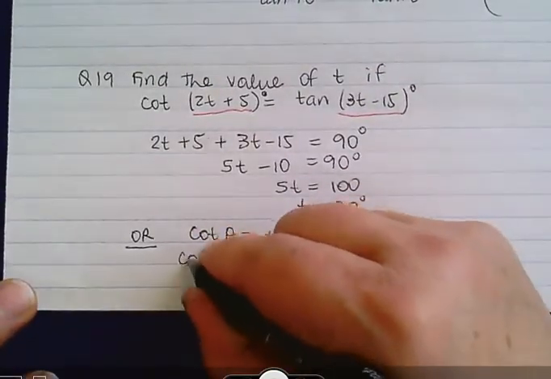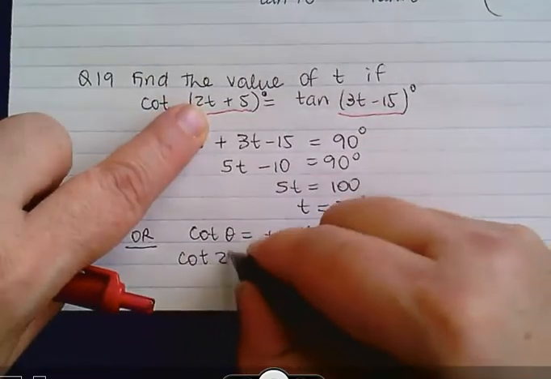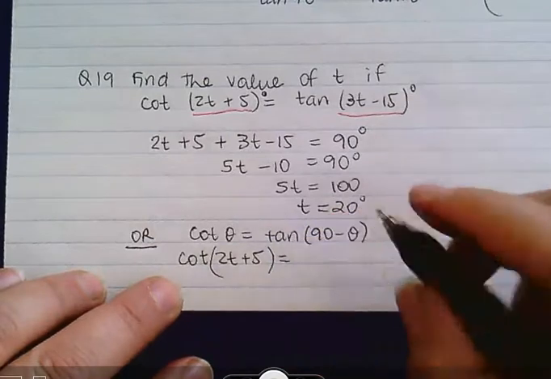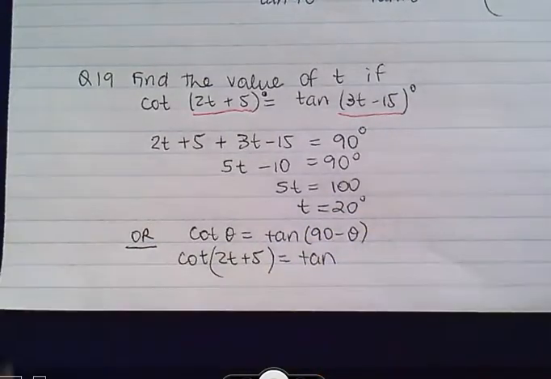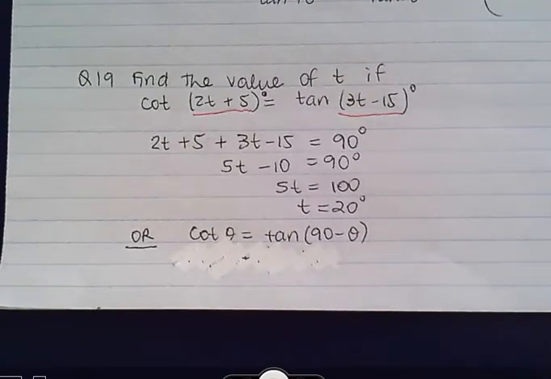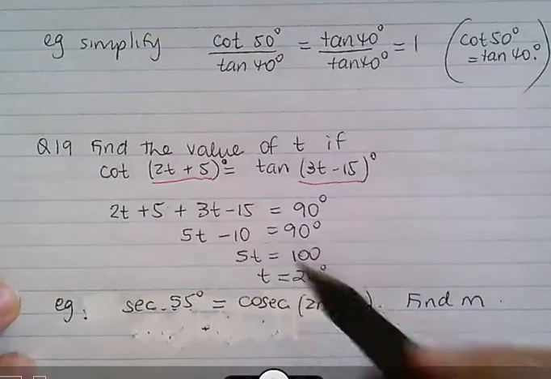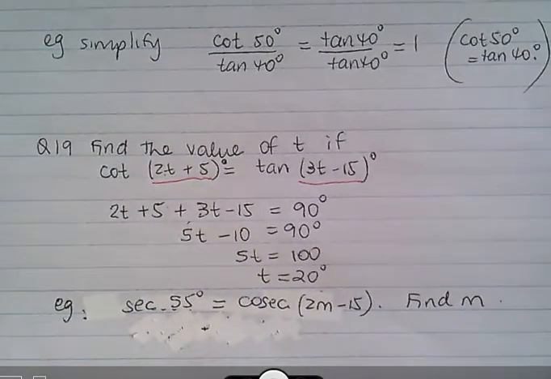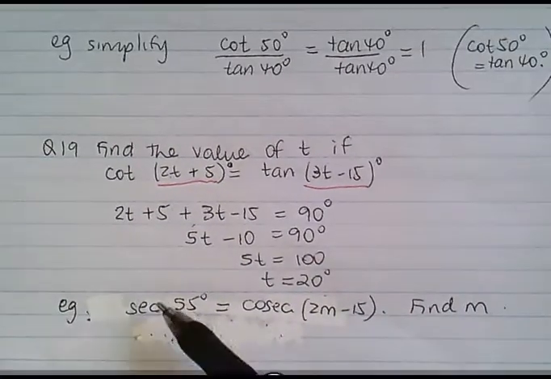So I can go that the cot of this, which is 2t plus, equals the tan, but if you've got numbers, this is much easier. This value plus this one equals 90. That's what complementary angles are. You don't want to do it the other way.